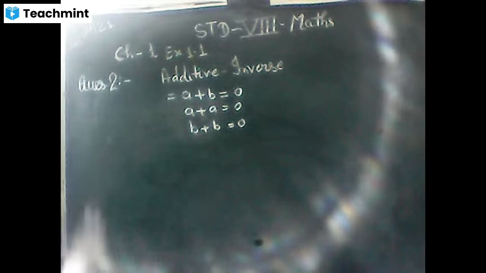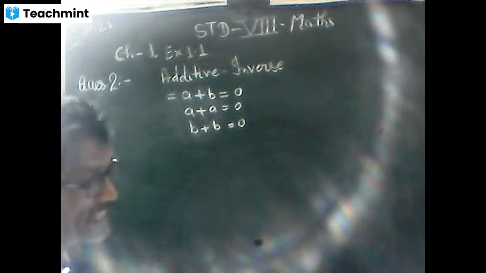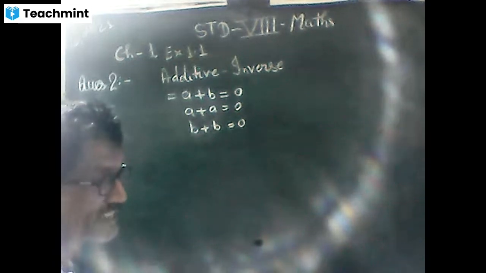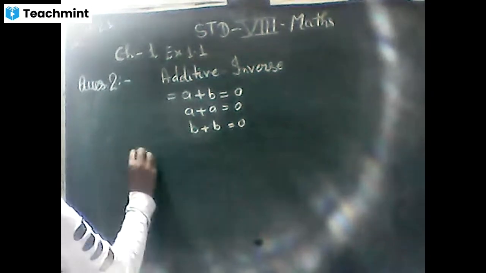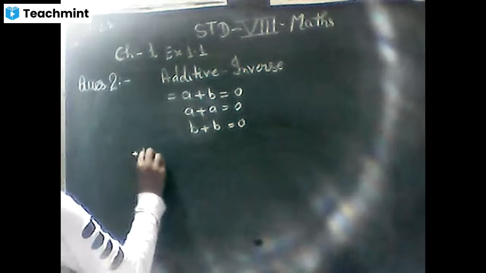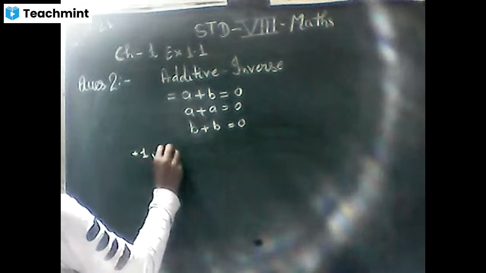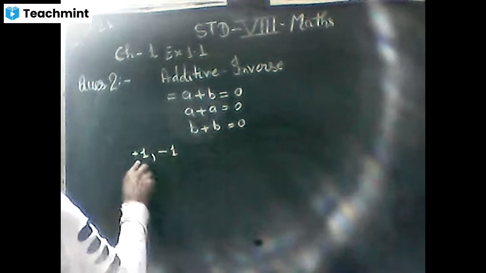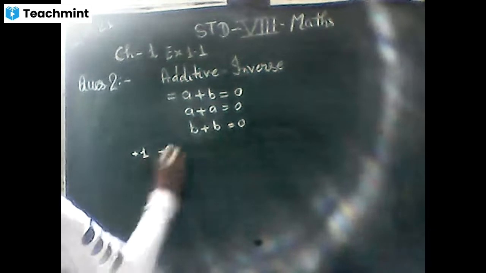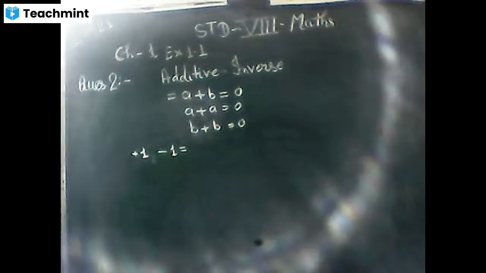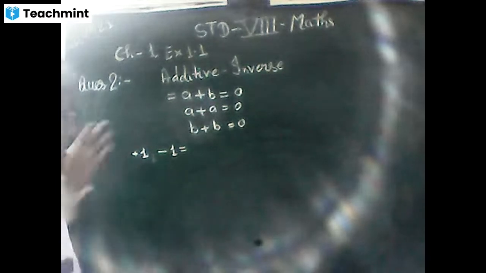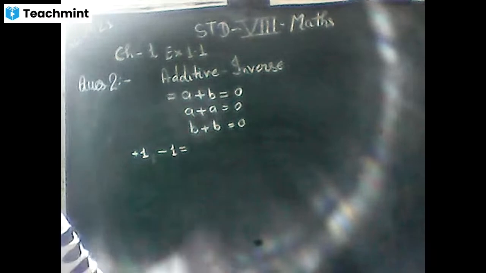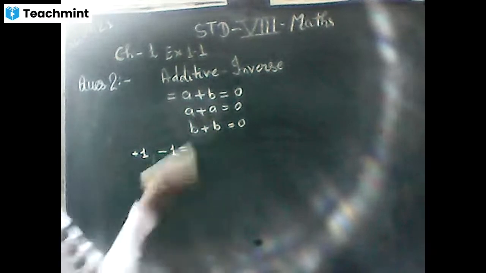Suppose we have to read, in our standard 6 and 7, plus and minus integers. One is plus and one is minus, suppose plus 1 and minus 1. If we solve these two numbers, plus and minus, one must be subtracted from the other.